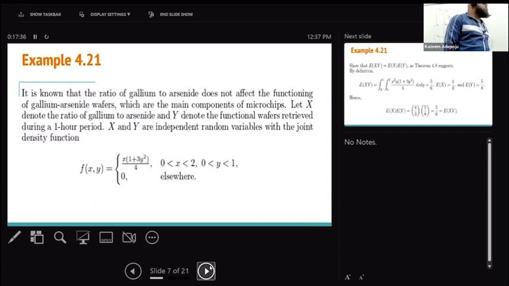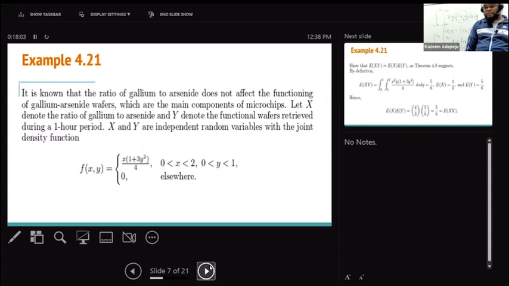Now, we have an example. It is known that the ratio of gallium to arsenide does not affect the functioning of gallium arsenide wafers, which are the main components of microchips. Let X denote the ratio of gallium to arsenide and Y denote the functional wafers retrieved during a 1 hour period.